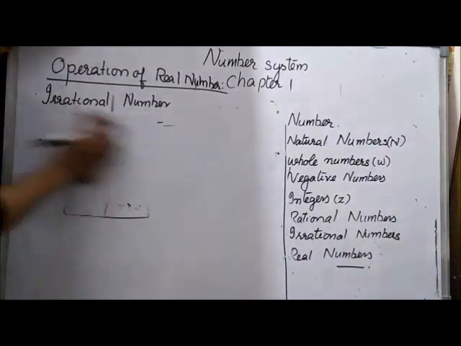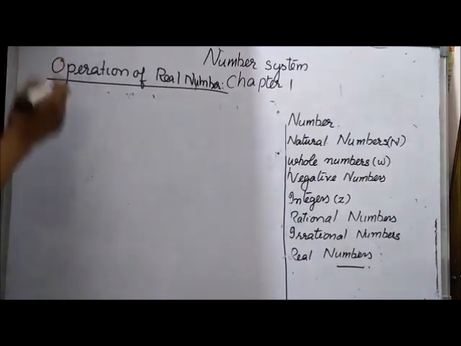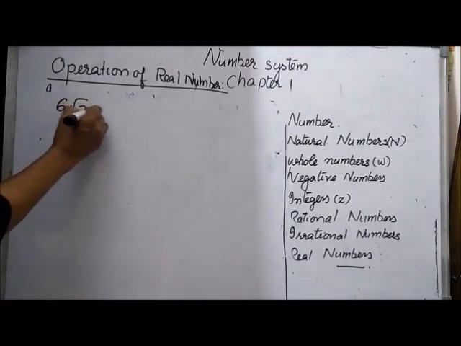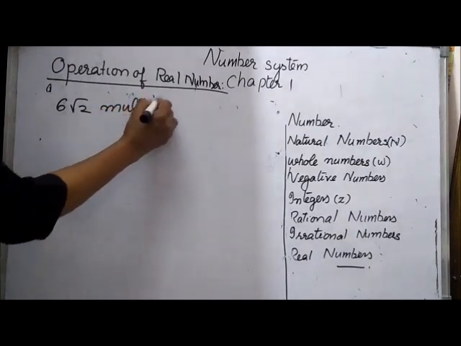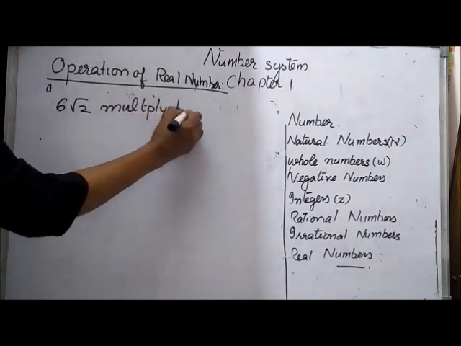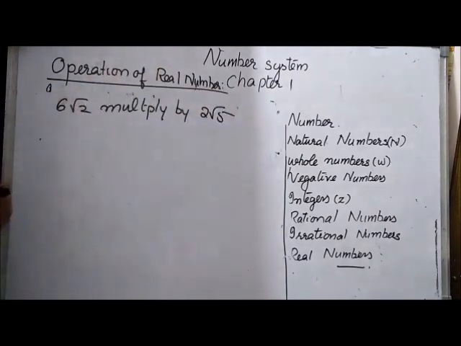Now multiplication: 6 root 2 multiplied by 2 root 5.